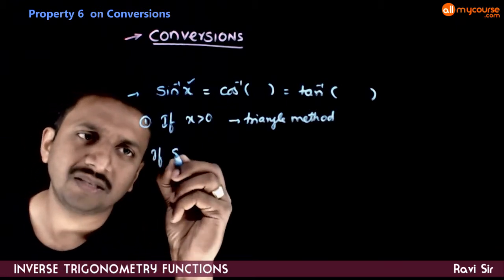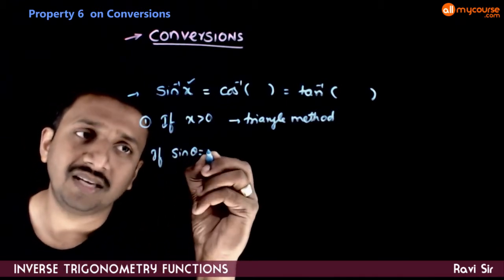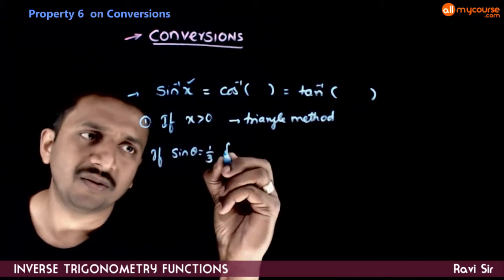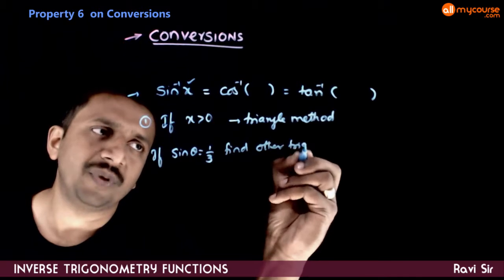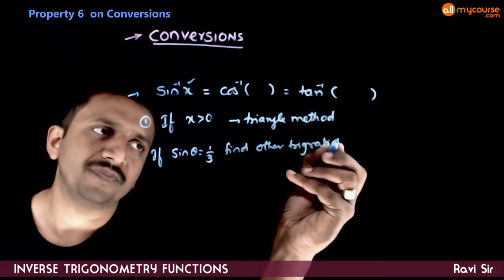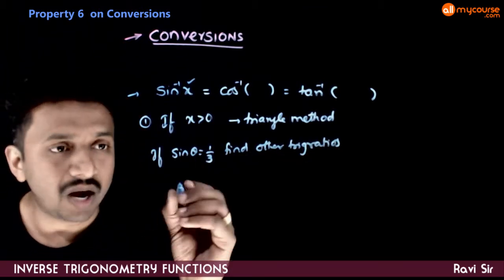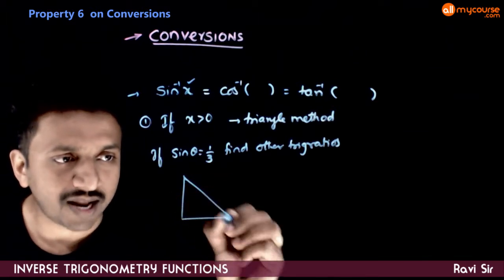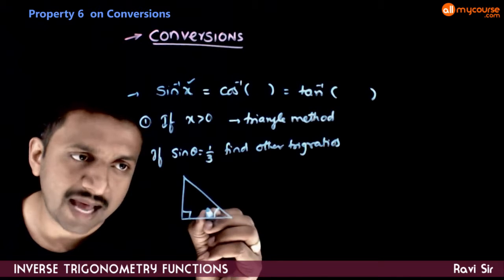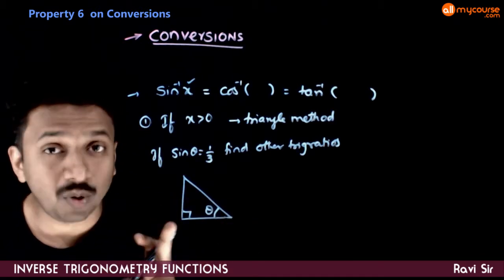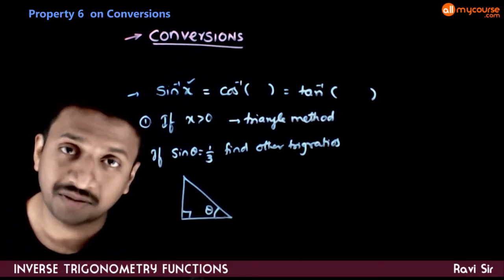How did we do this? We draw a triangle, the 90 degrees here, and we mark this as theta. So I am doing this with the help of triangle method.